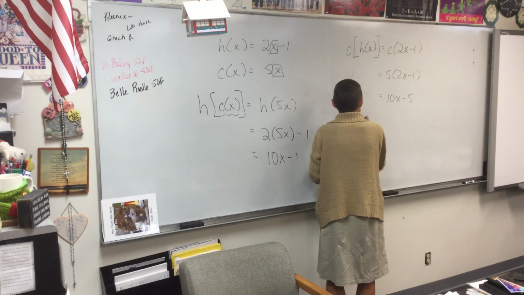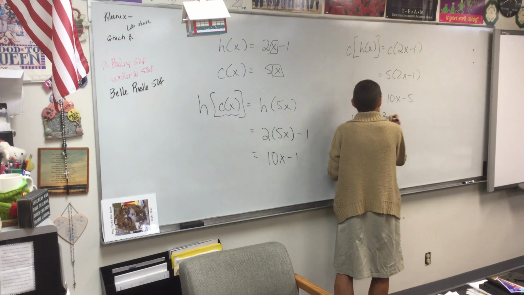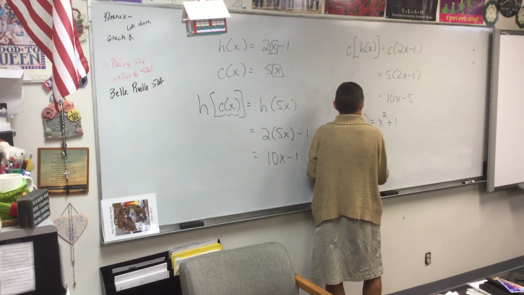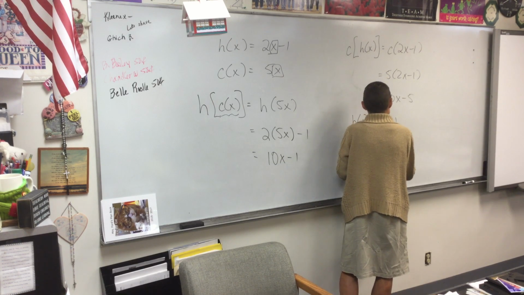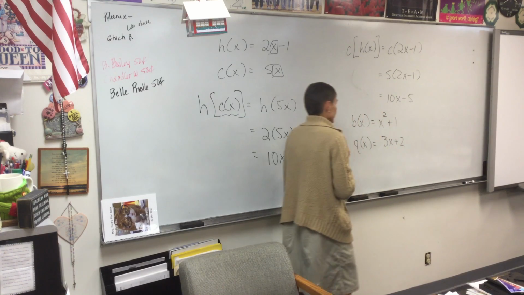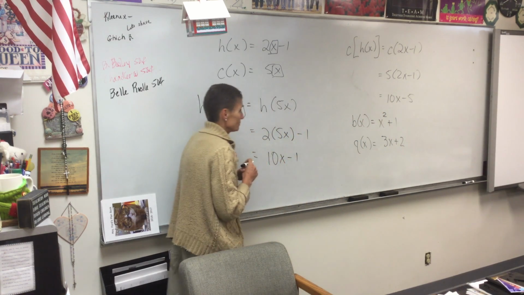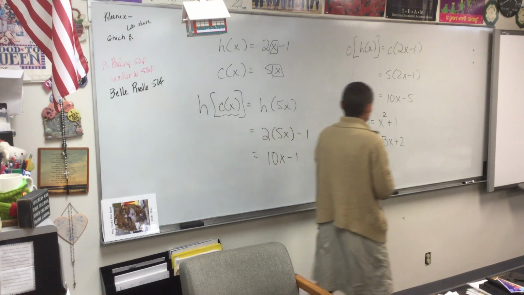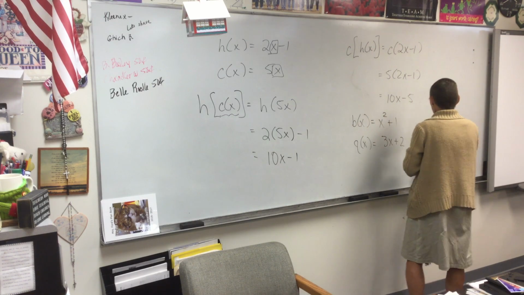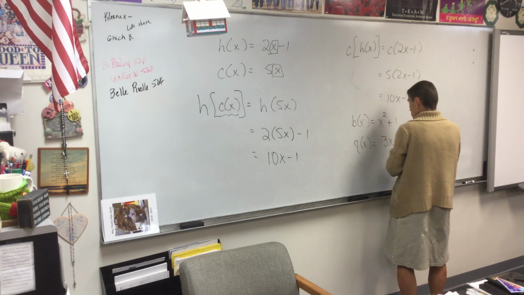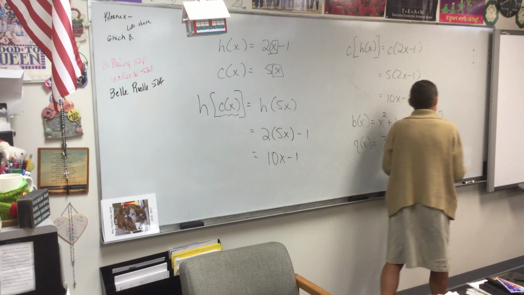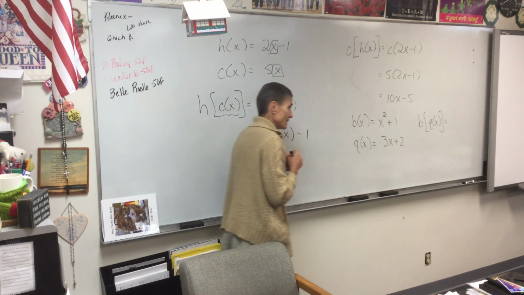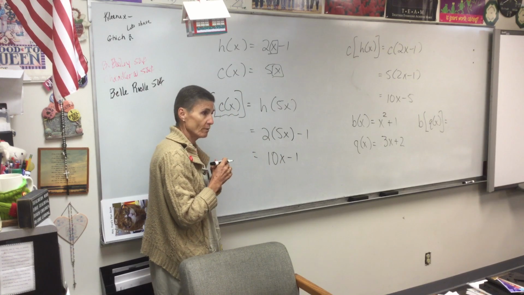Let's try one more example. Let's say b of x is x squared plus 1, and q of x is 3x plus 2. On your paper, see if you can find b of q of x.